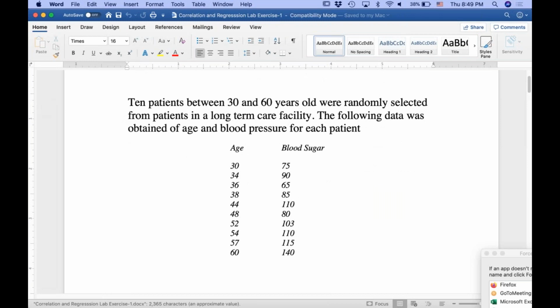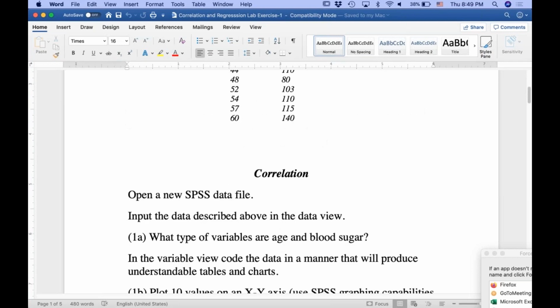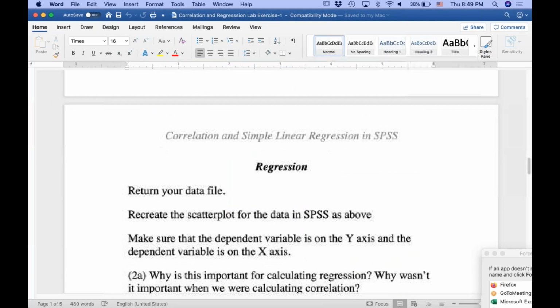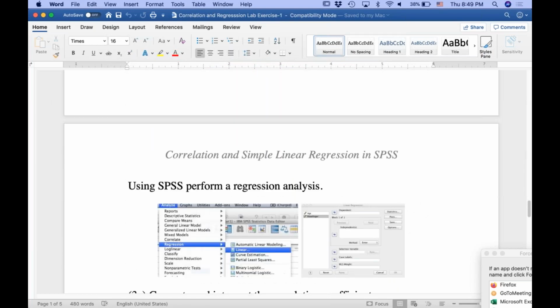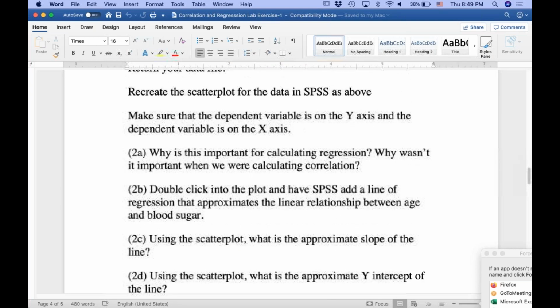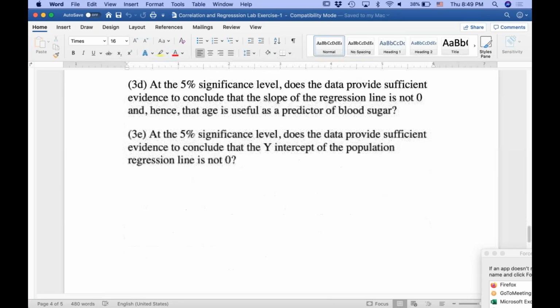Okay, 10 patients between 30 and 60 years old were randomly selected from patients in a long-term care facility. Following data, that's the one we just did. Don't need to do that again. I can go back to the other data I have there. This will go through a regression analysis step-by-step for you. You can open this up later on your own.